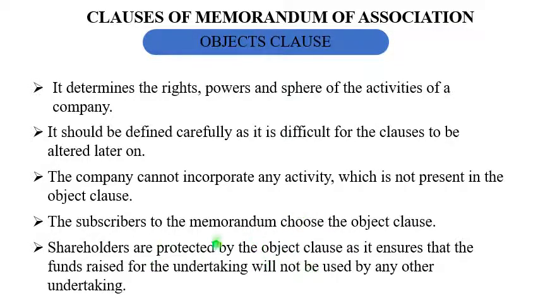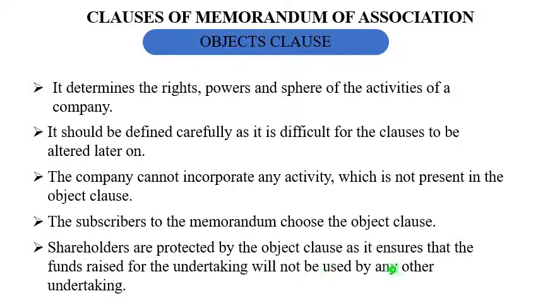Then the subscribers of the memorandum choose the objective clause. जो साइन करते हैं memorandum को at the time of the formation of the company, they refer to the objective clause for what purpose the company is formed. वो क्या करते हैं? objective clause को refer करते हैं. So it is the main thing for the company that जब भी objective clause को frame करे, carefully frame करना चाहिए.